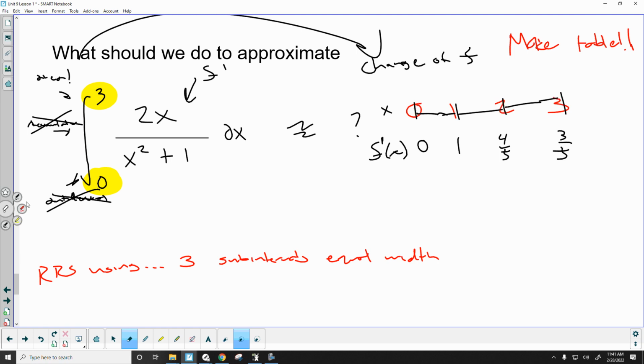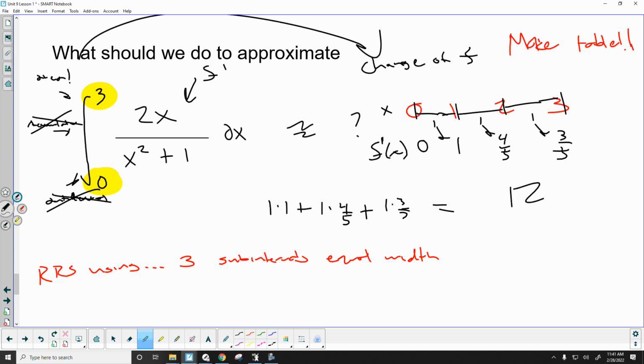What does it mean? It's an approximation for the change in f. One times 1 plus 1 times 4/5 plus 1 times 3/5. 12/5 is my approximation. What does it mean? Change in f.